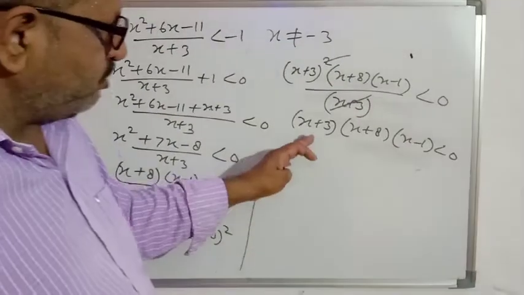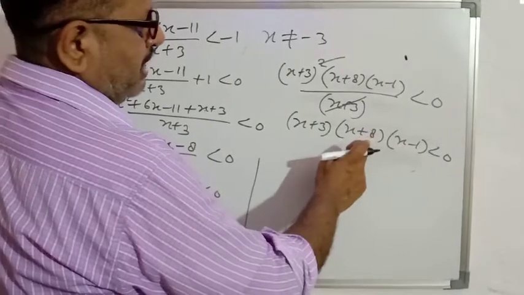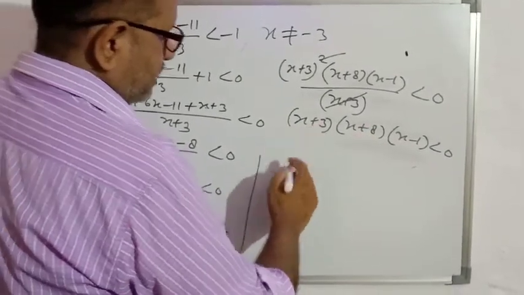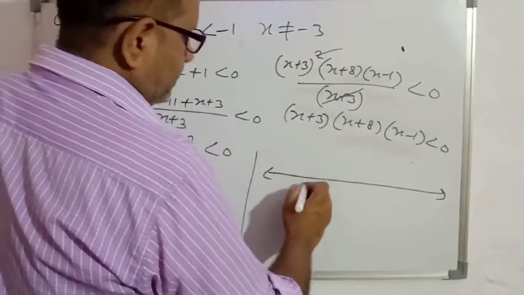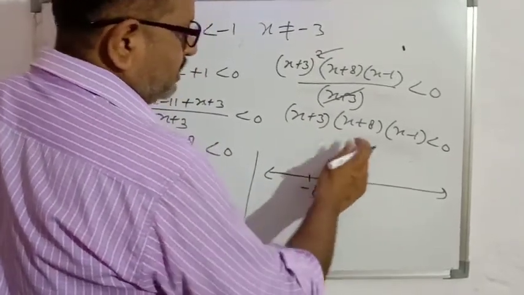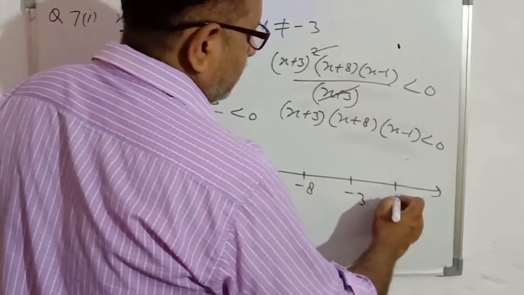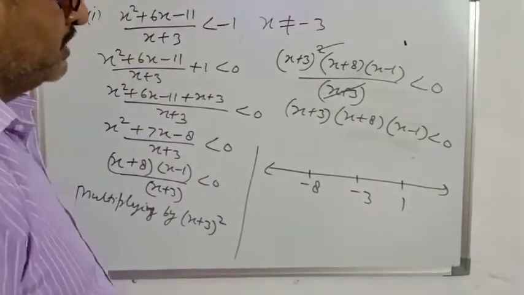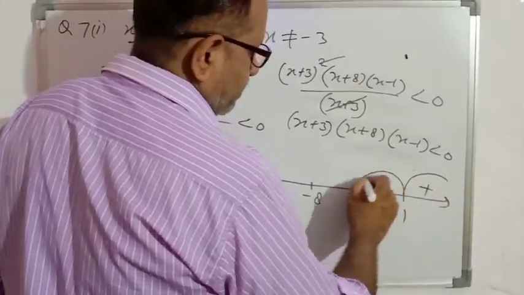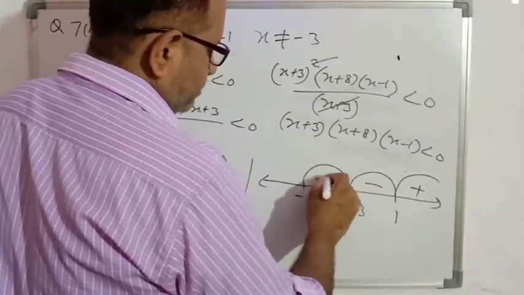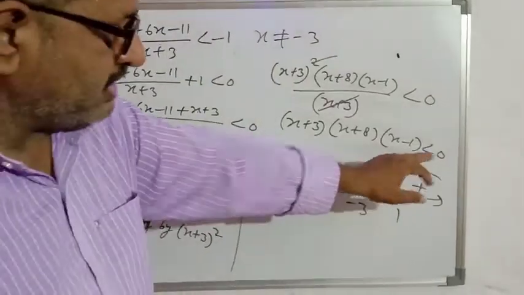For what values of x will this product be 0? At x equal to 1, minus 8 and minus 3. So we draw a number line. Minus 8 is the smallest number, so write it on the left side, then minus 3 and after that 1. By the method of intervals: positive, negative, positive, again negative. We have to take less than 0.